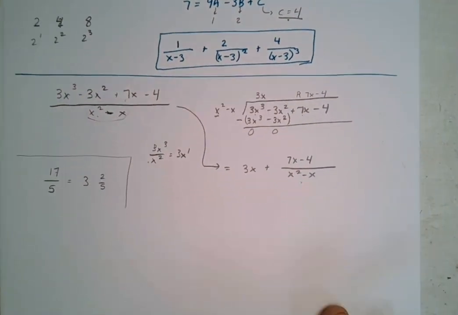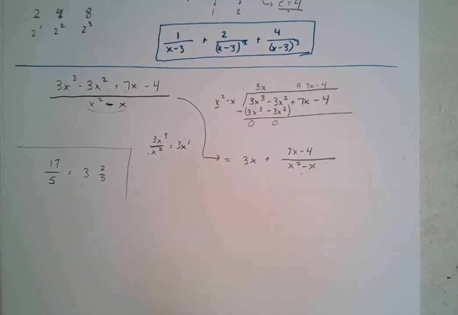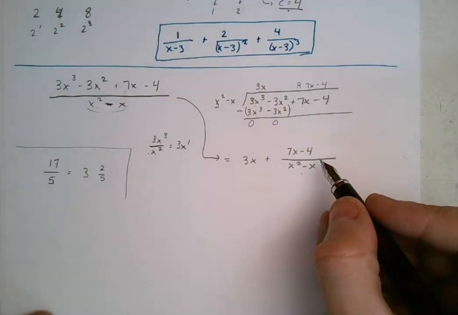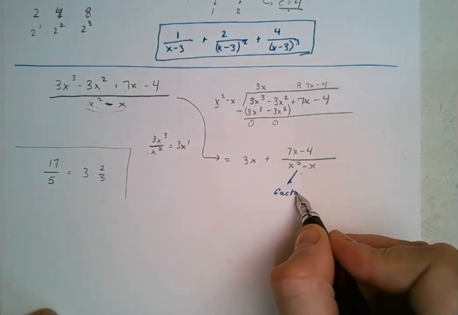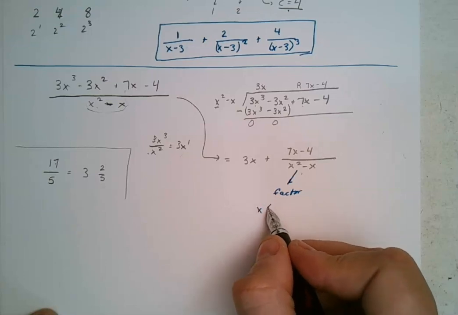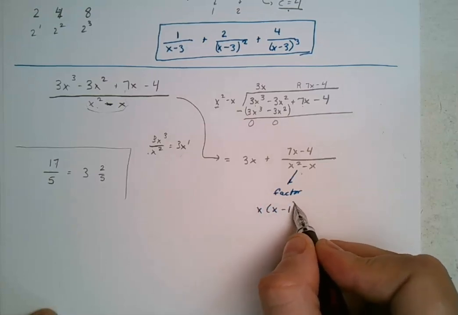Okay, so here's what we do. We take this fraction, just like before, and we factor. Okay, what does this factor into? X and x minus 1, right?